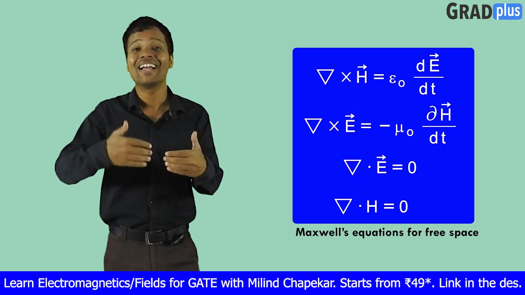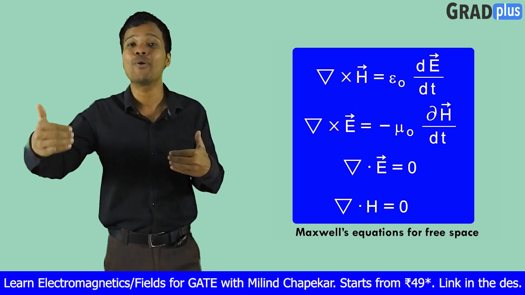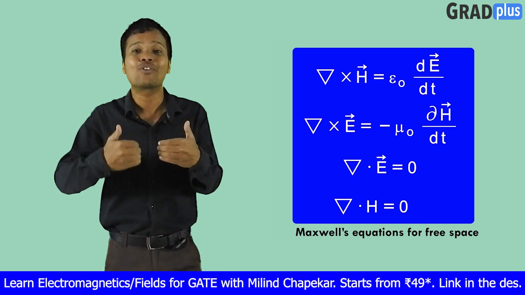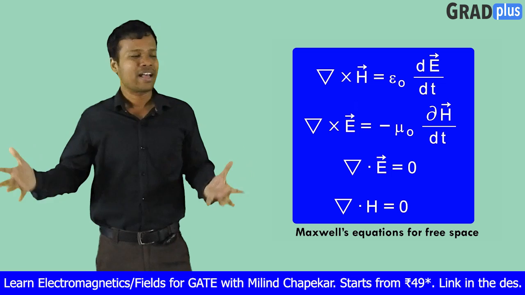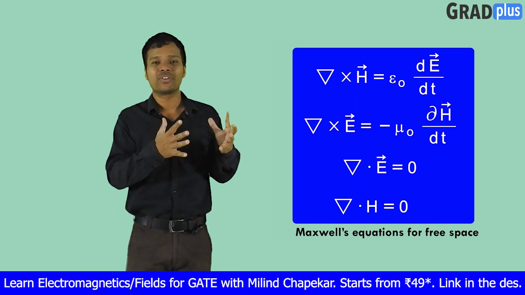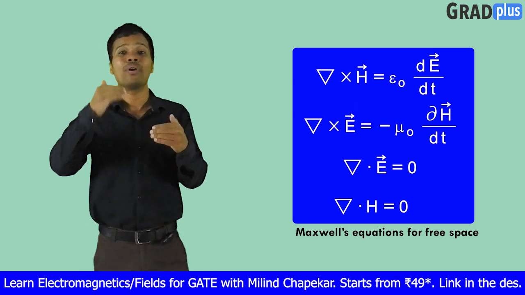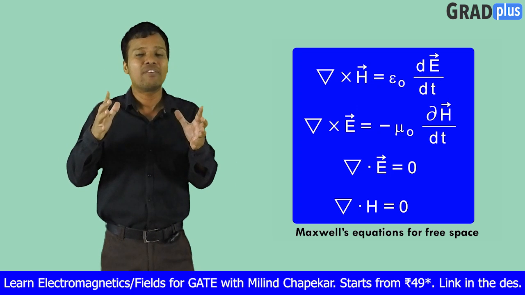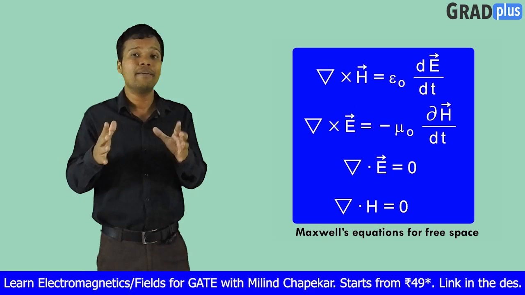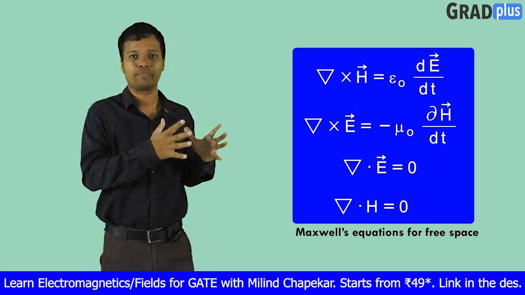We call it electromagnetic wave propagation or electromagnetic energy propagation. Yes or no? These equations gave rise to electromagnetic wave phenomenon. Electromagnetic wave propagation is basically because of these equations.